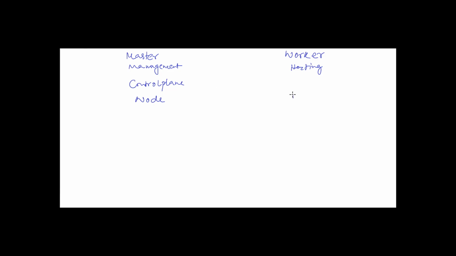The node component runs on each node, irrespective of whether it is a master or a worker, but the control plane component will run only on the master node. So what are the control plane components? We have the API server. As the name suggests, this is the only component exposed to other nodes and the outside world.